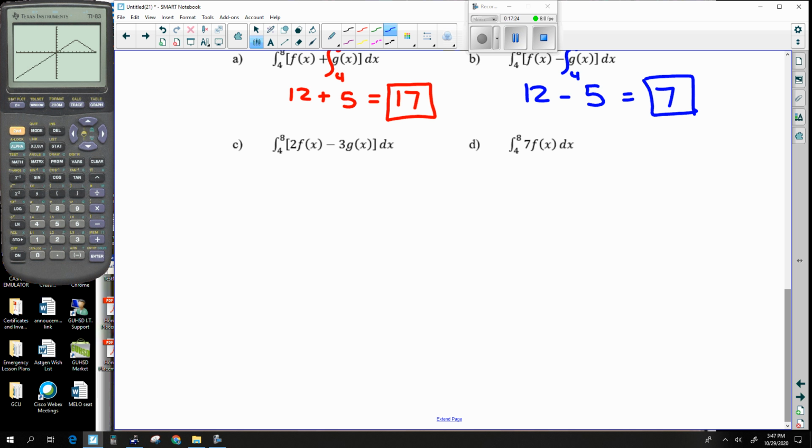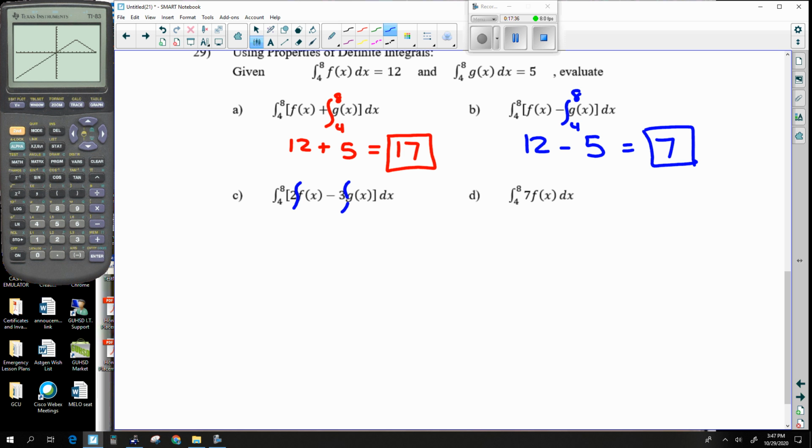So multiplication doesn't slow it down. So this is a 2 integral minus a 3 integral. I'm using what those values are though. So 2 times the integral from 4 to 8 of f minus 3 times the integral from 4 to 8 of g. 24 minus 15.